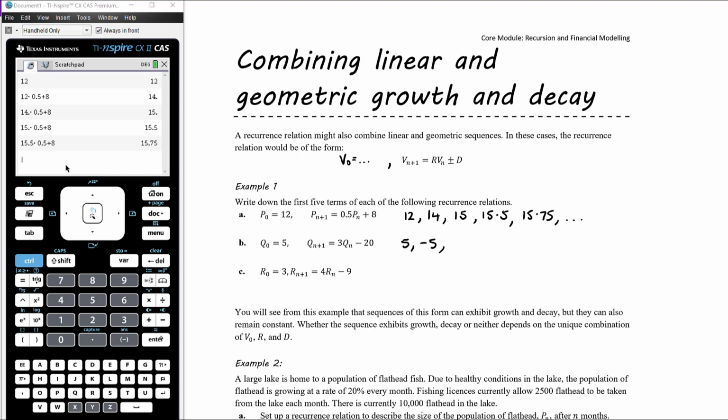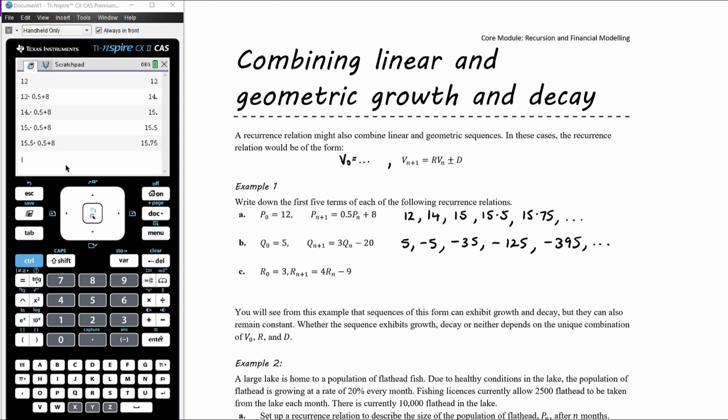Multiply negative 5 by 3, which is negative 15, and subtract 20 gives us negative 35. Multiplying negative 35 by 3, getting big now, negative 105, and subtract 20, negative 125. Multiplying negative 125 by 3 is negative 375, subtract 20, negative 395.